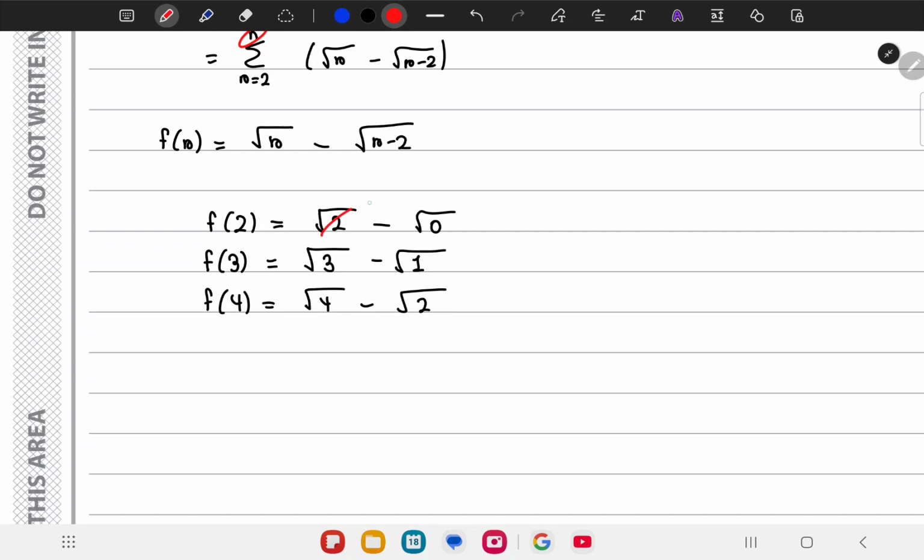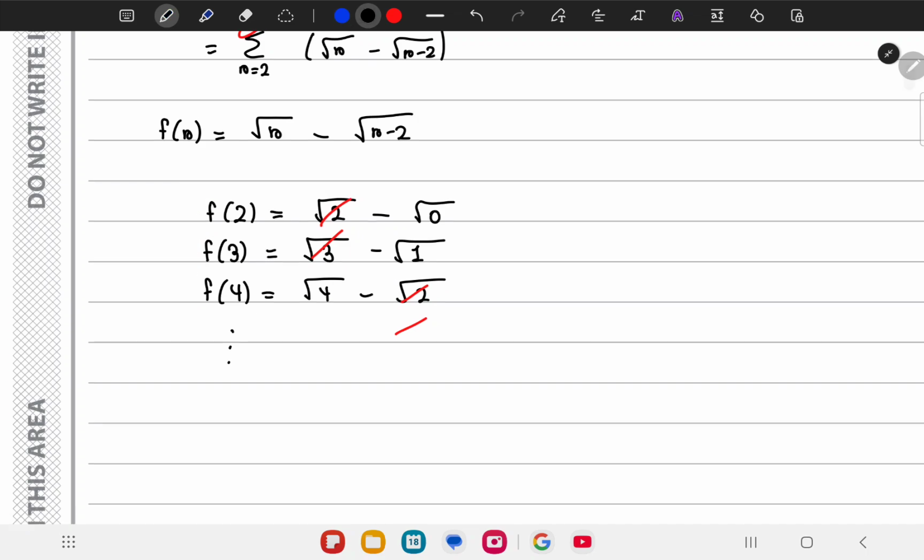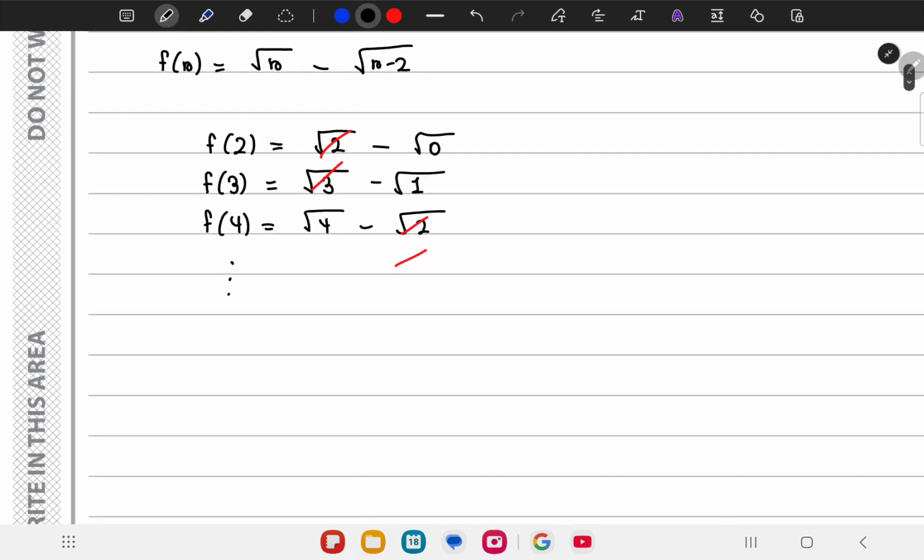Now if you notice, this and this cancels out. This and this will cancel out because this is f5, which will be root 5 minus root 3. So it will go on like this. Since we needed to show the first 3 values to begin the cancellation, we have to show the last 3 values as well.